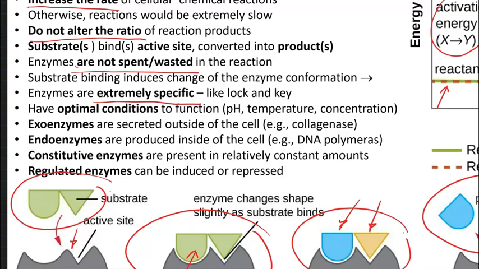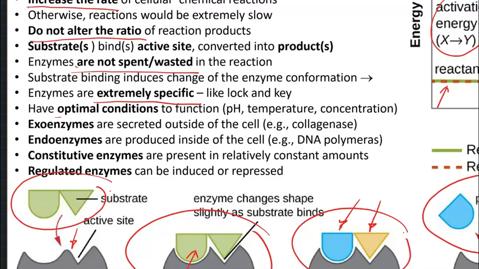But when I say that the enzymes are specific, what I mean is, if you have an enzyme that, I don't know, breaks down a milk sugar, lactose, it's going to break down the milk sugar. It's not going to break down sucrose or glucose. Well, glucose is a monosaccharide, so it's not going to break down sucrose or maltose. It's only going to be lactose.